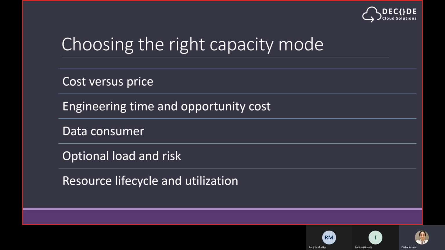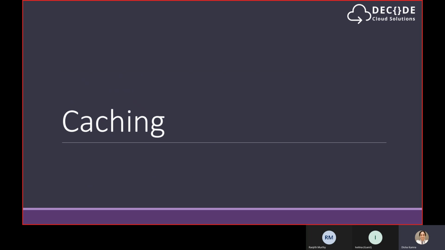Prioritize the time you spend maintaining the optimal auto-scaling policy, and it turns out mature workloads tend to have more predictable load patterns. This is what we are mentioning in this slide: work on the data consumer, operational load and risks, and how to reduce their resources, your life cycle and utilization.